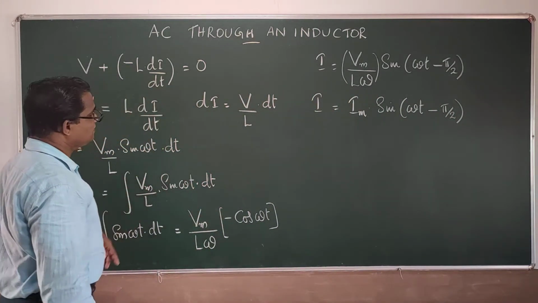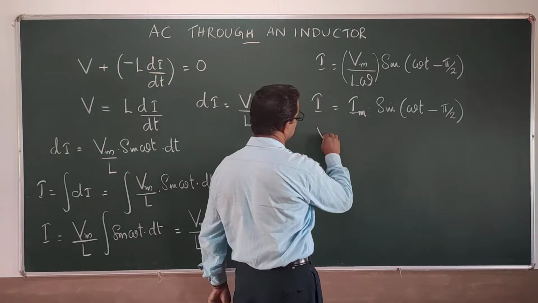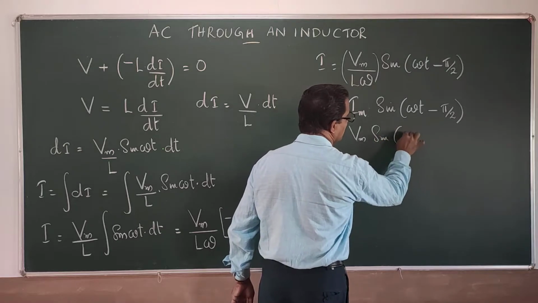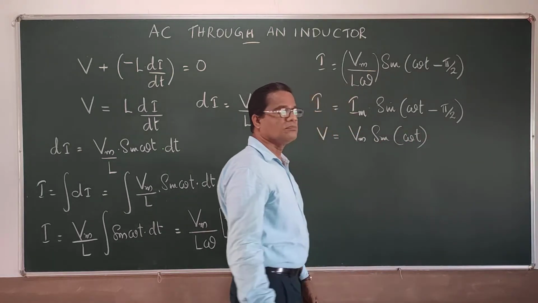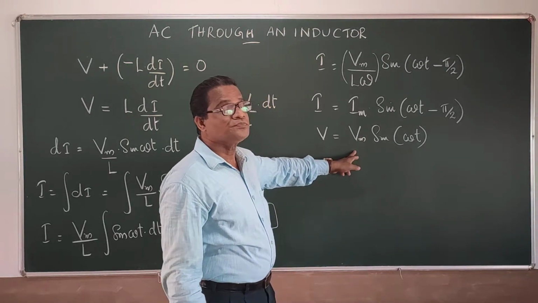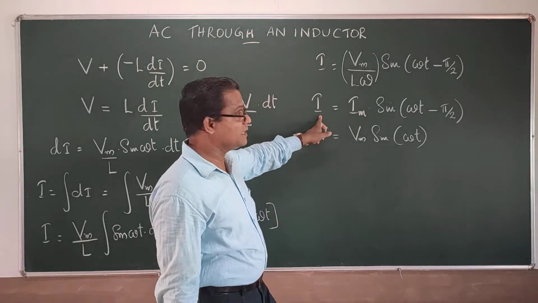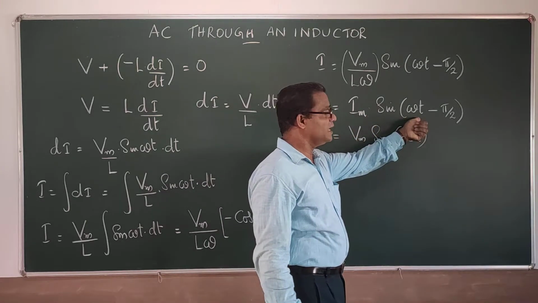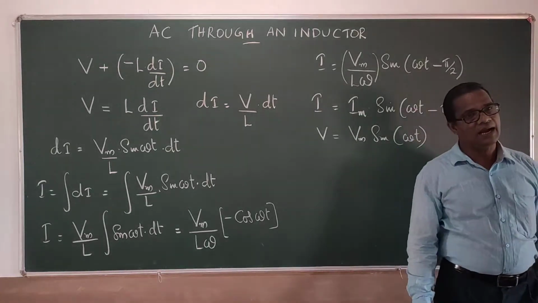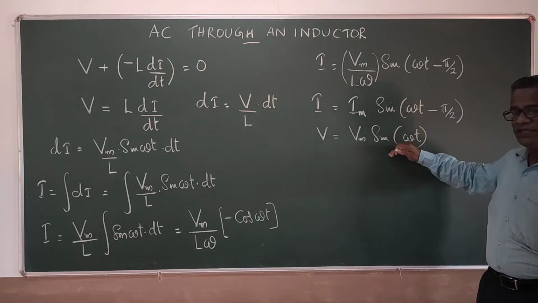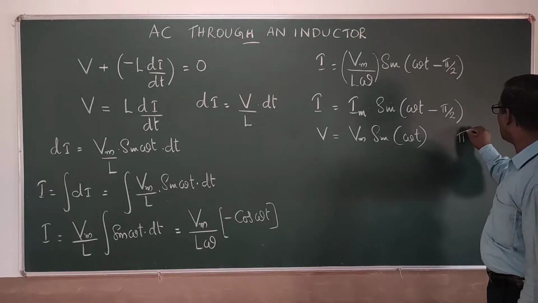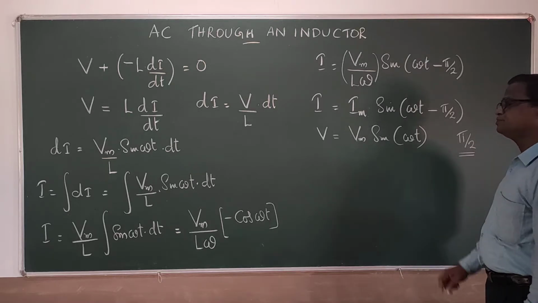You started with a voltage V equal to Vm sin omega t, the applied instantaneous AC voltage, and you are getting instantaneous current equal to Im sin omega t minus pi by 2. What it implies is that the current and voltage are out of phase by an angle of pi by 2.